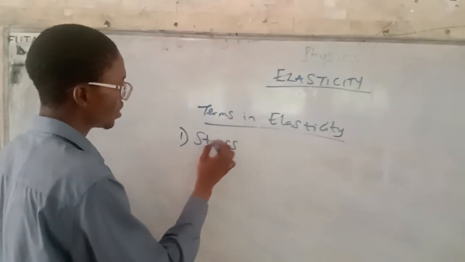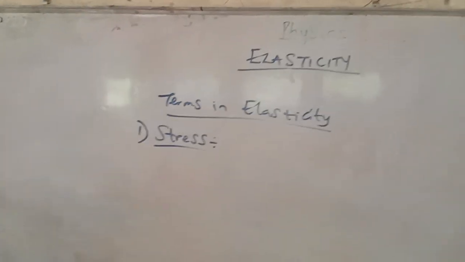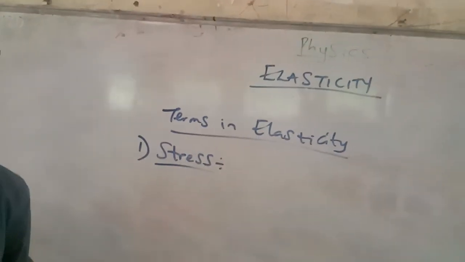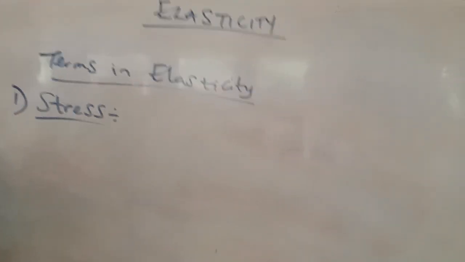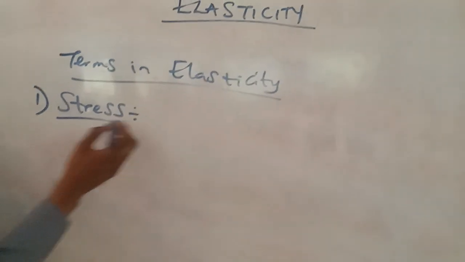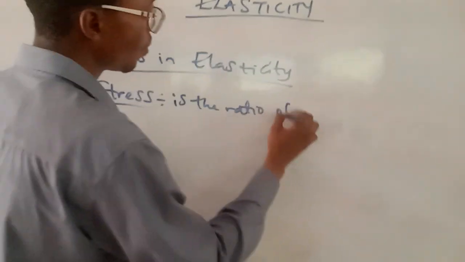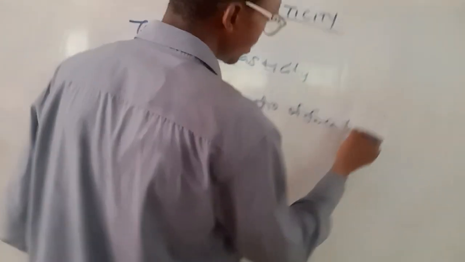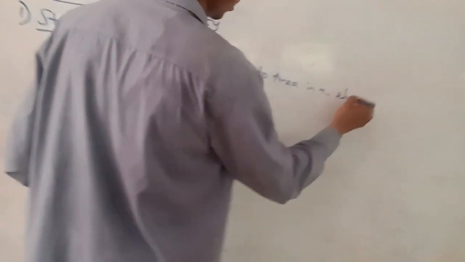Now we'll be talking about stress. Stress of an elastic material. What do we call stress? Now, the stress of an elastic material is the ratio of force to area of an elastic material.